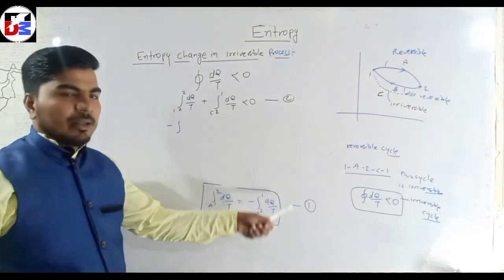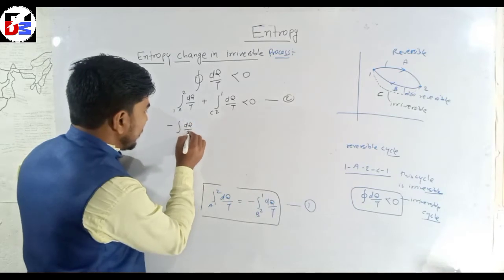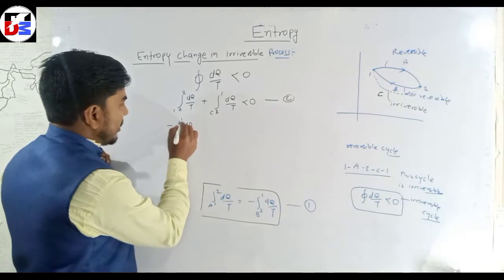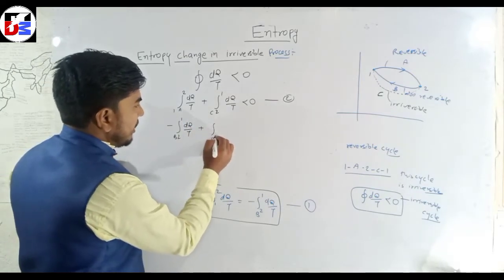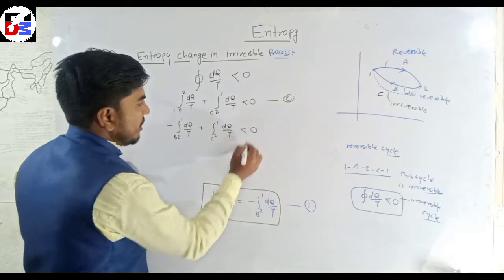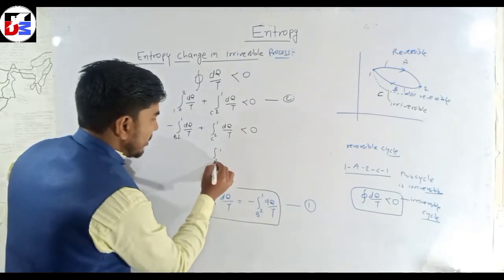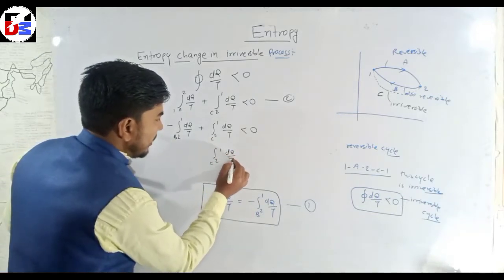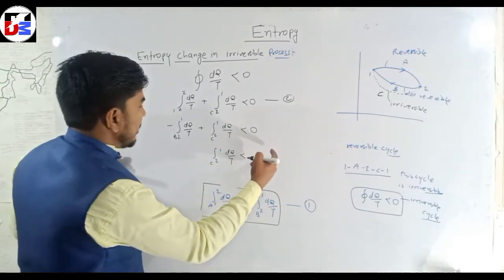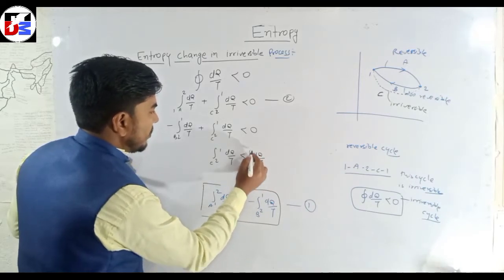From equations 1 and 2 we can write dQ/T along path B from 2 to 1 plus along C from 2 to 1 is less than 0, and also we can write the integral from 2 to 1 along C of dQ/T is less than, with this term going to this side, the integral of dQ/T along B from 2 to 1.